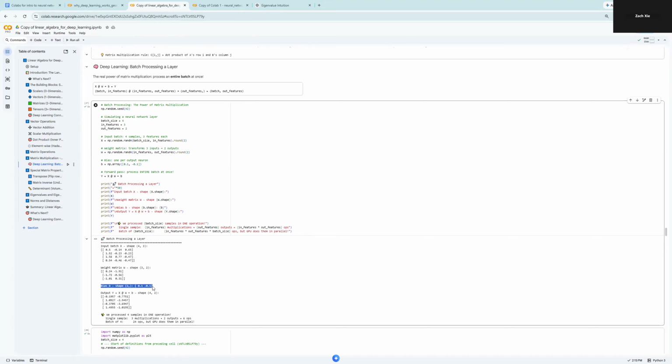Now, if you don't have batch processing, and process inputs one by one, then you would do this one and multiply by this one.